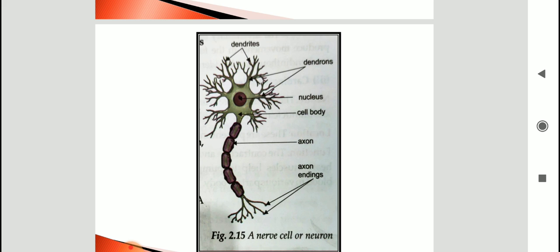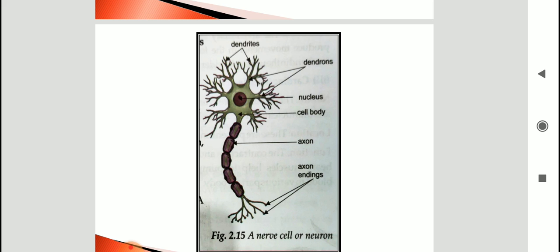A nerve cell consists of a cell body, an axon, and dendrons and dendrites. The cell body encloses one centrally placed big-sized nucleus. Then there is the axon: one end of the cell body elongates and forms a cylindrical long structure called the axon.